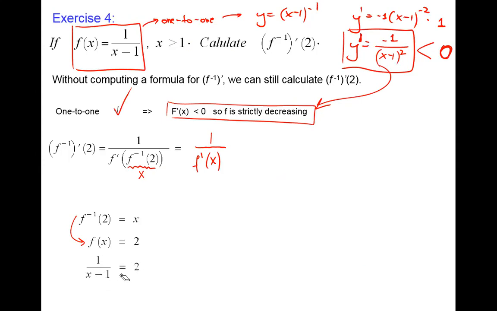And now I simply have to solve this for x. I can cross multiply, and then add 2 to both sides. If I cross multiply, I will have 2x minus 2 is 1, and then 2x is 3, and dividing by 2, I have 3/2.